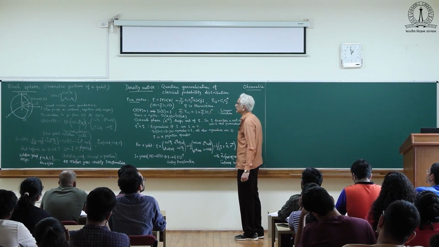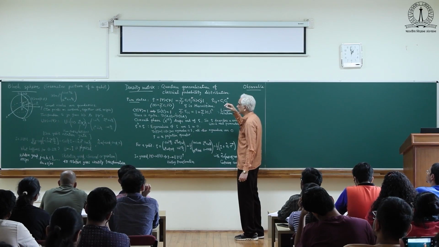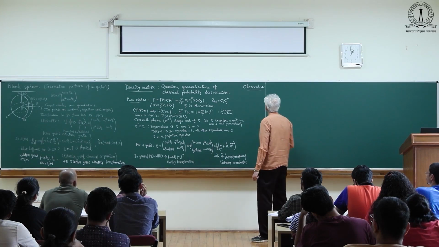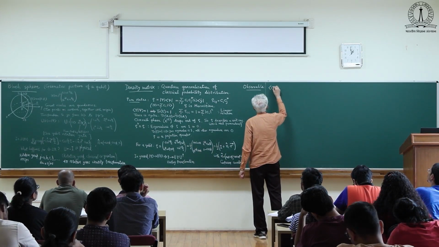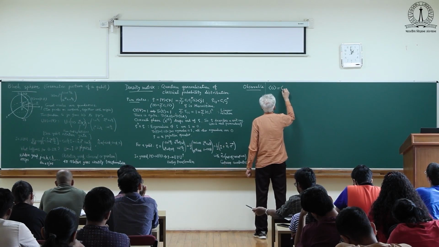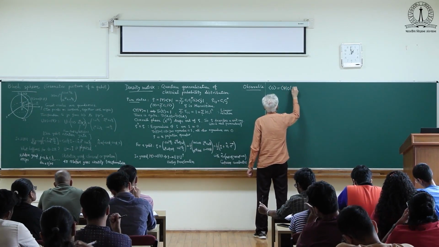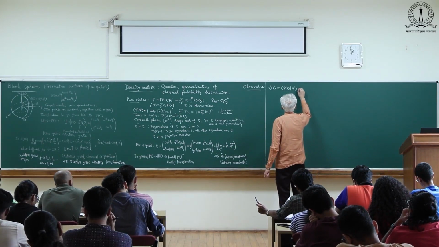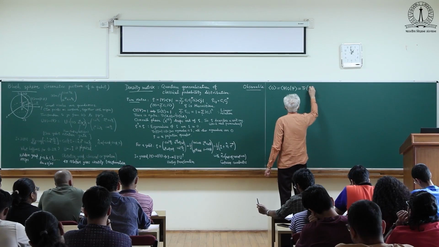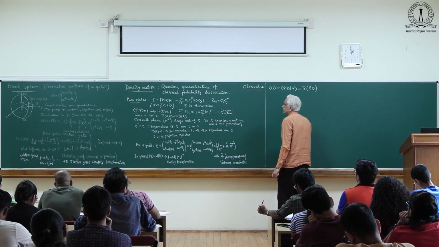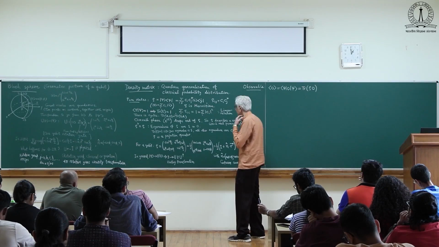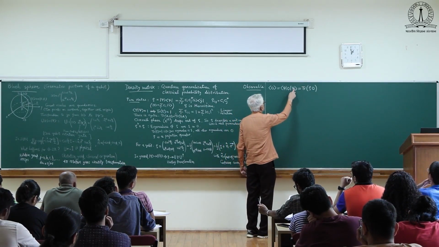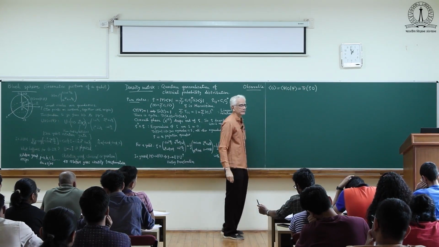But the only relevant part is when you measure that operator, you will get some expectation value. And now one can write down what is that, which I had defined as this expectation value, which is nothing but trace of rho multiplied by O, again using the cyclic property of the trace.